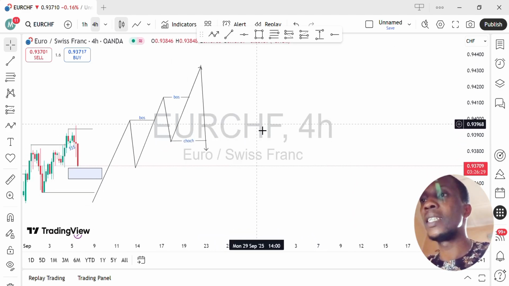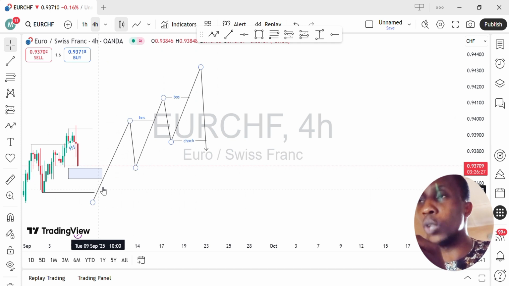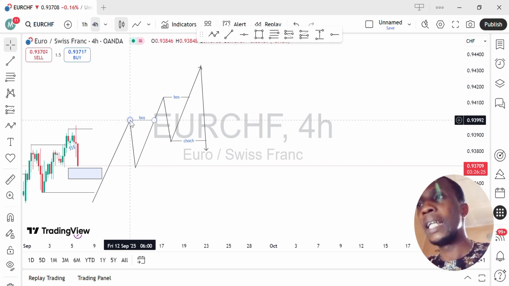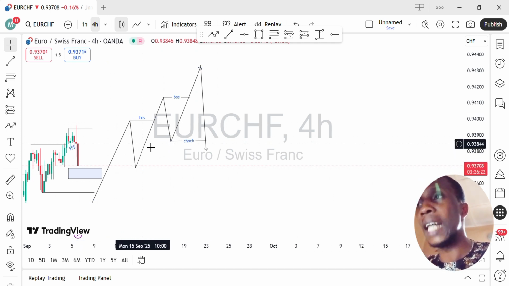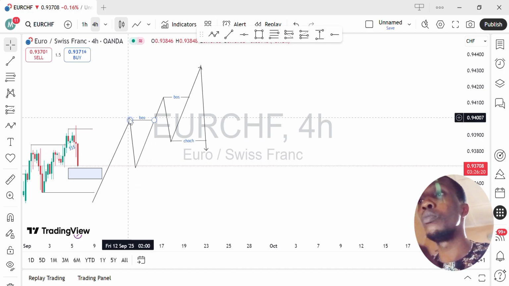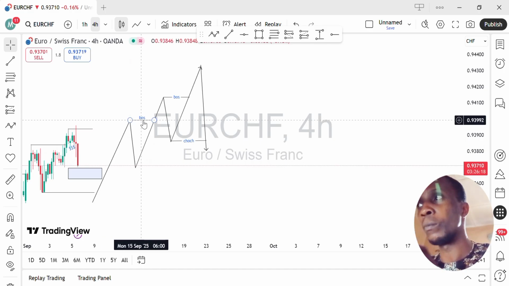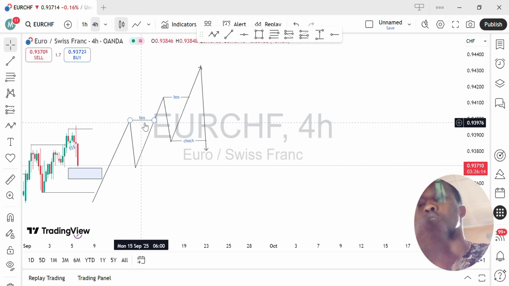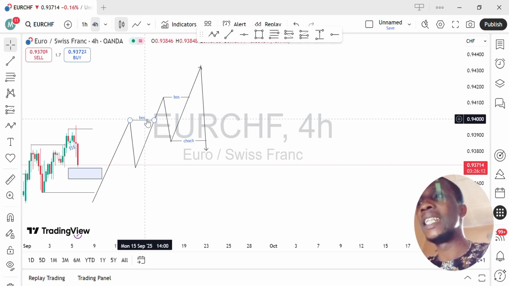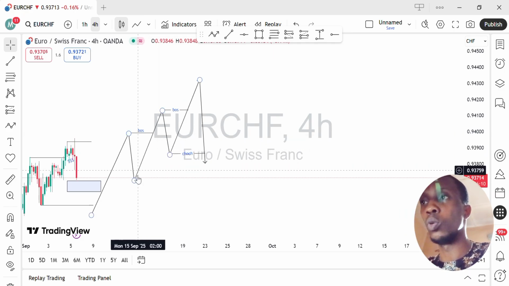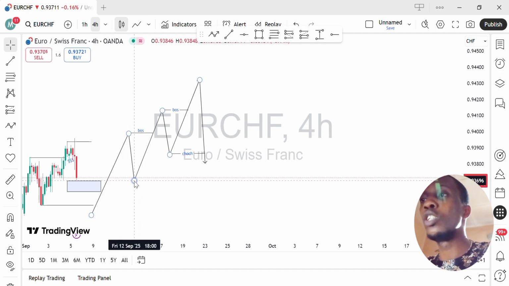I come again. Price pushes up, creates a new high, pulls back, and comes back again to attempt this recent high right here. If it's able to break it with a body, that gives us a valid break of structure. Again, this low right here becomes the low and this becomes the high, and this low needs to be protected.